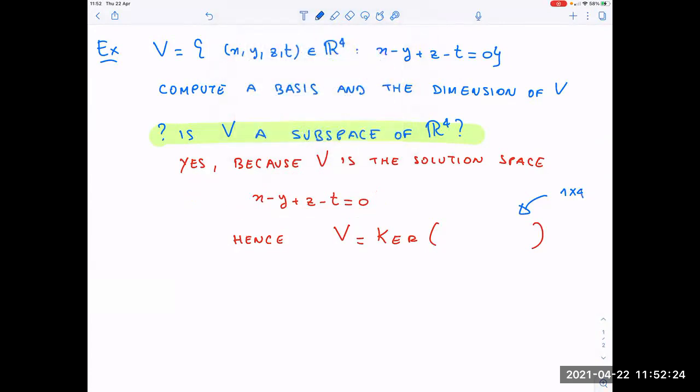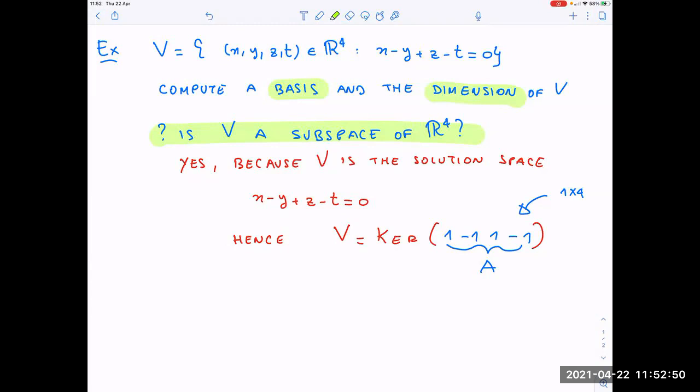And the matrix is just (1, -1, 1, -1). If you want to give it a name, A, 1 times 4, whose kernel is V.